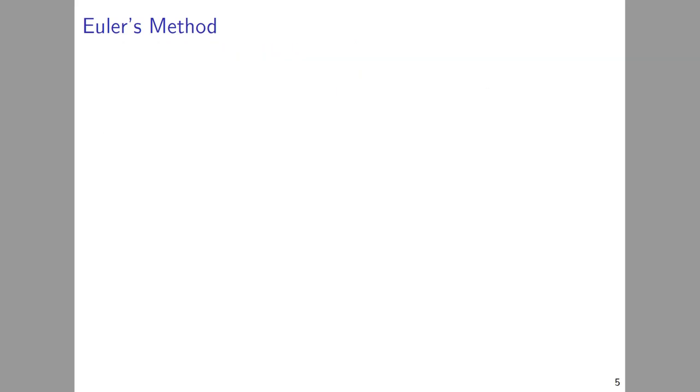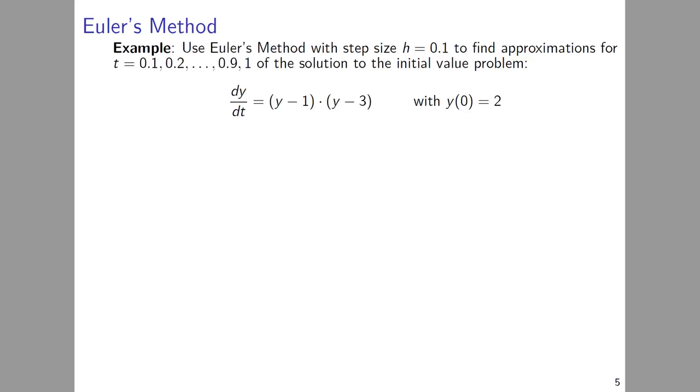Let's next look at an example. We'll use Euler's method with step size h equals 0.1 to find approximations for t equals 0.1, t equals 0.2, all the way up to t equals 1 of the solution of the initial value problem dy/dt equals (y minus 1) times (y minus 3), with y of 0 equal to 2.